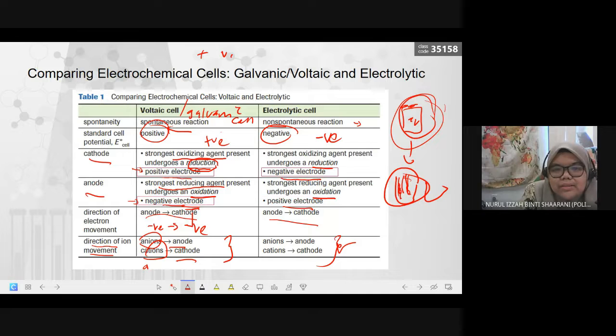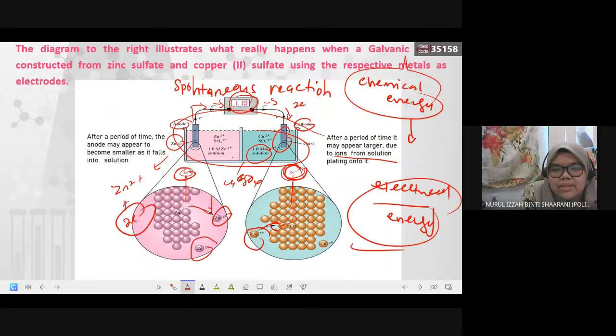Because macam tadi, let's say macam tadi, dekat anode, dekat zinc ni will produce 2 electron. And then the electron will travel through the wire and go to cathode, and this cathode is going to gain the 2 electron that produced from this anode lah.